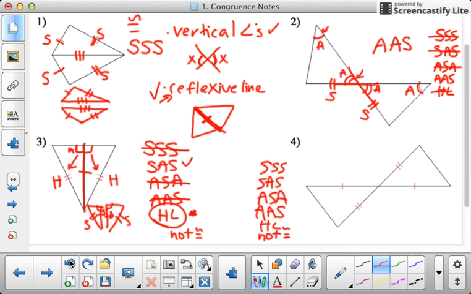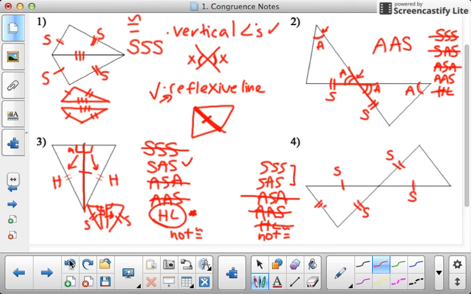When I look at this, I've got one tick mark is congruent to another tick mark. This tells me side is congruent to a side. All right, I see no 90 degrees, so I'm going to automatically eliminate hypotenuse leg. I see another tick mark and another tick mark. This is going to be a side and a side. Now I've got two sets of sides, so I know it can't be angle, angle, side, and it can't be angle, side, angle. So I'm stuck between these two.